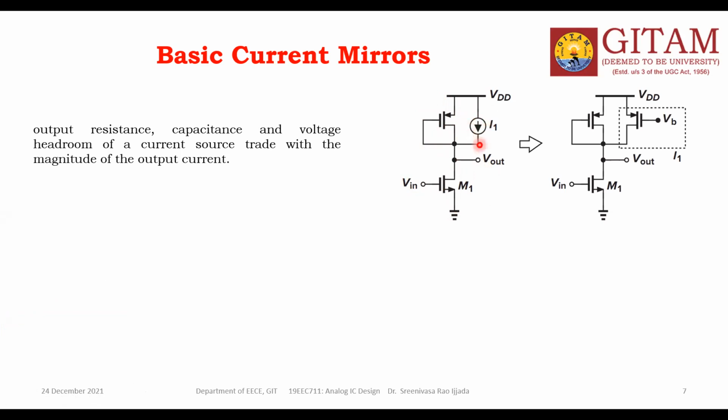In place of this current source, I can take a MOSFET, either PMOS or NMOS with proper gate bias. So in this circuit, the current source can be a PMOS transistor. Got the point?